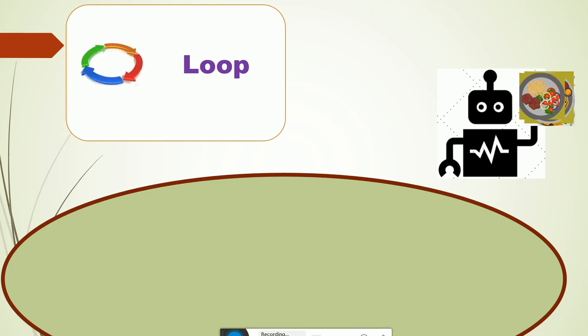Rather than writing the same line of code multiple times, like here writing the instruction to the robot 6 times to collect the plates, you write a single line of code and that line will be executed 6 times. So it will collect all the plates at once and then proceed further. And this is called a loop. This command is called a loop.